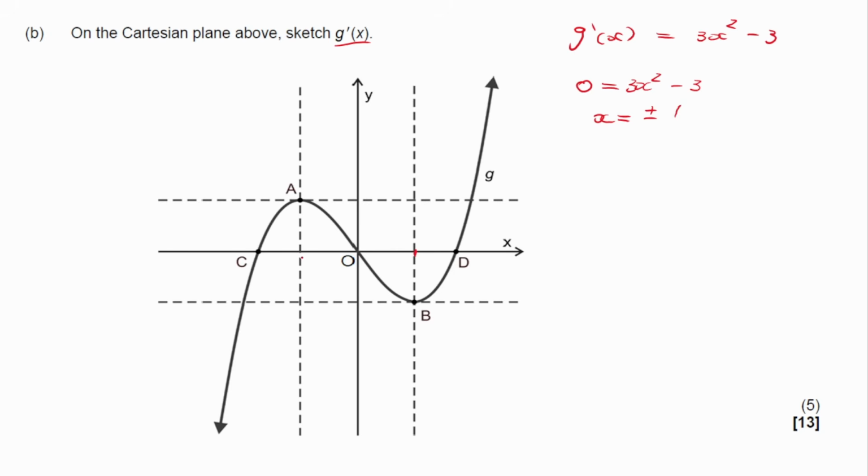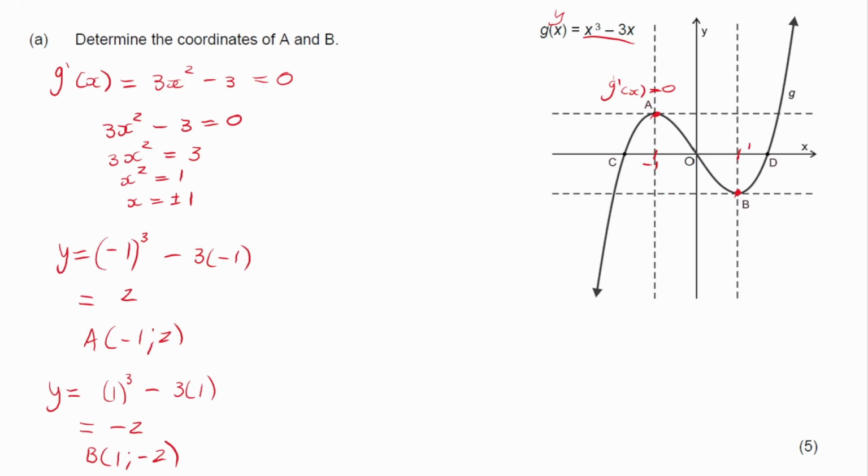So we know we're going to have an x-intercept there and there at minus 1 and 1. Then to find our y-intercept, we set x equal to 0. So we get this. And we find that our y-intercept is negative 3. Okay, so if you remember, this was a coordinate 1, minus 2 from our previous question over here, down here at the bottom.